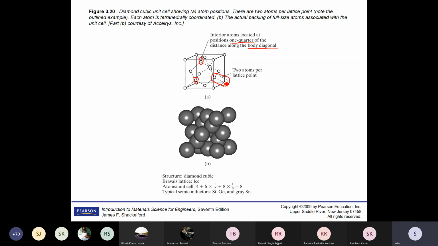But here, two same carbon atoms make a pair and occupy either a corner position of this cube or a face-centered position of this cube. And this type of structure is called diamond cubic structure.